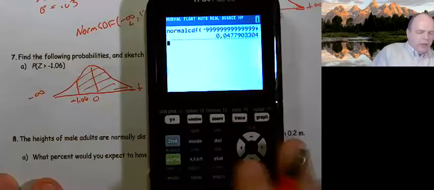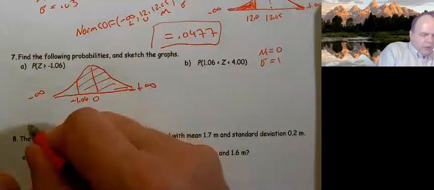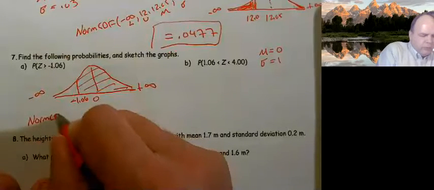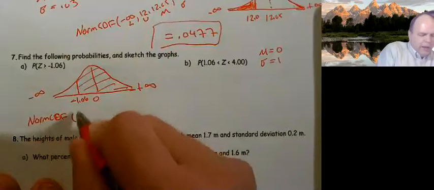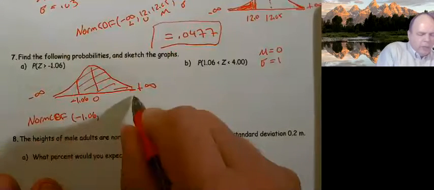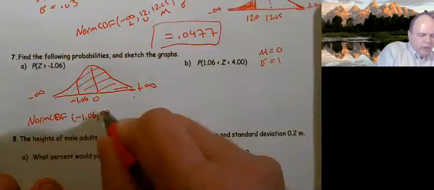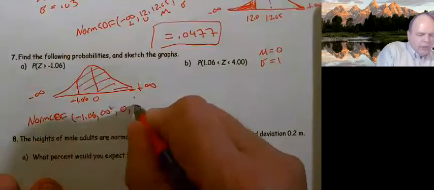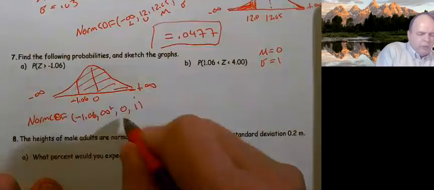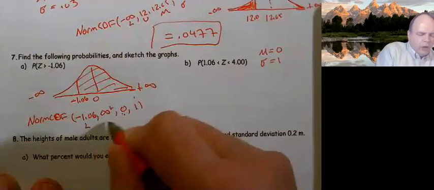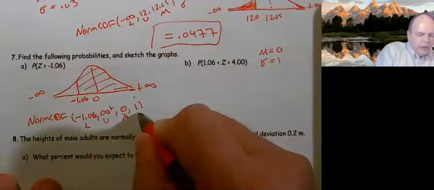So I'm shading up to positive infinity. So when I go to the calculator, it's going to be a norm CDF. My lower bound, I started at negative 1.06. My upper bound went to positive infinity. My mean is 0, and my standard deviation is 1. Please remember, the mean is 0, standard deviation 1, because we're working with a z-score. So this is lower, upper, mean, standard deviation.